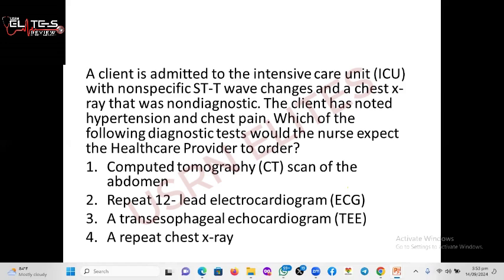Which of the following diagnostic tests would the nurse expect the healthcare provider to order? A CT scan of the abdomen, a repeated 12-lead ECG, a transesophageal echocardiogram, or a repeated chest X-ray.